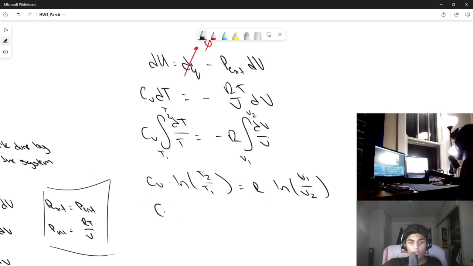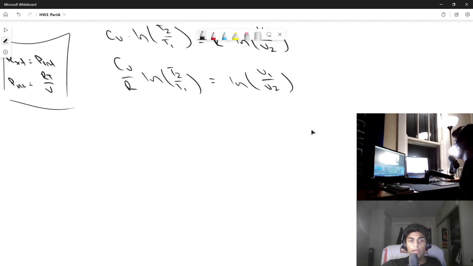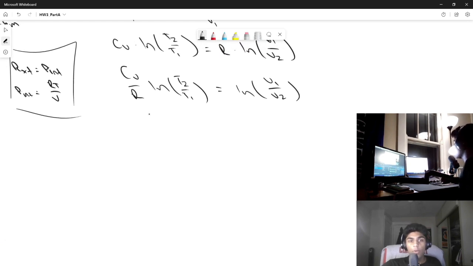So we're going to have CV over R natural log T2 over T1 is equal to natural log of V1 over V2. And now, if we go back to our exponential rules, we know that if we multiply a logarithm by some coefficient, that coefficient then becomes the exponent.